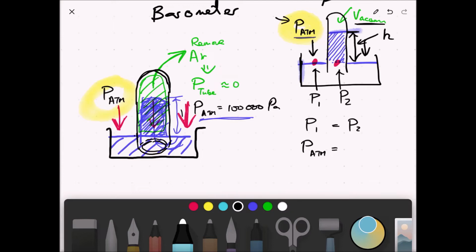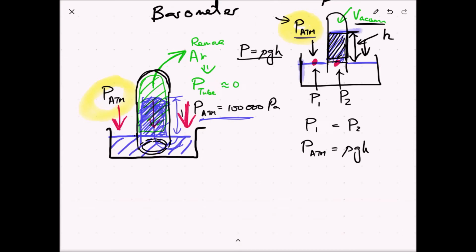That means the pressure experienced by P2 is solely given by this liquid column. And we have learned how to calculate the pressure exerted by a liquid column, right? We use rho g h. So when we do that, we find that this rho g h and the atmospheric pressure will produce the same pressure.